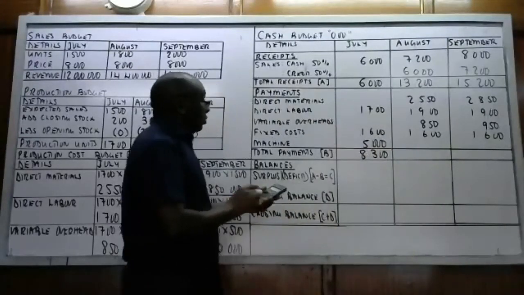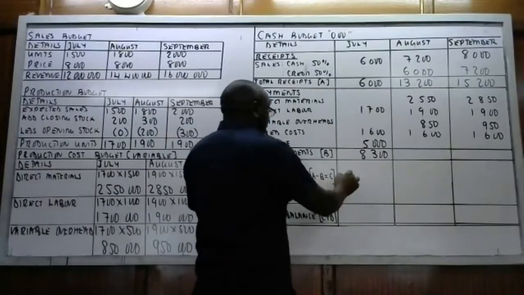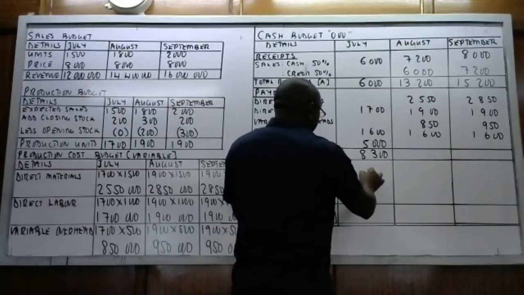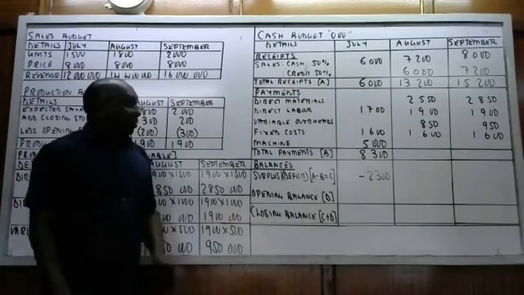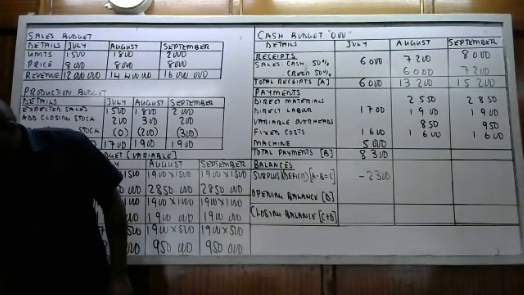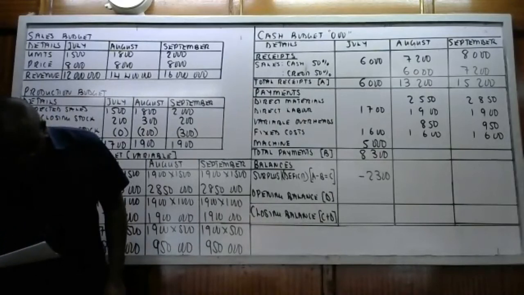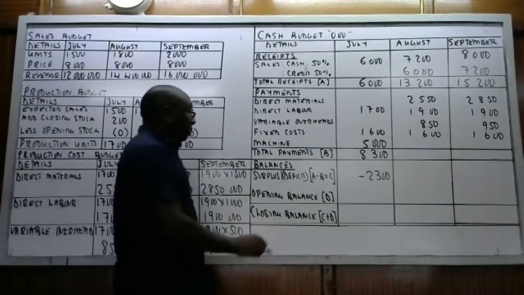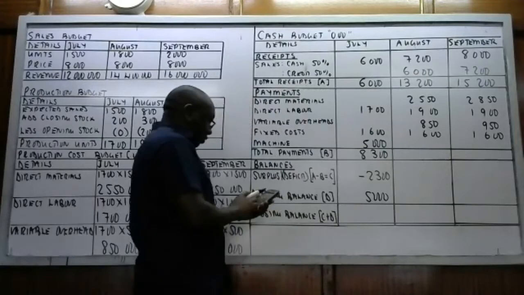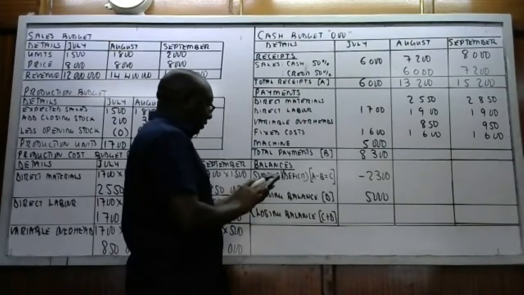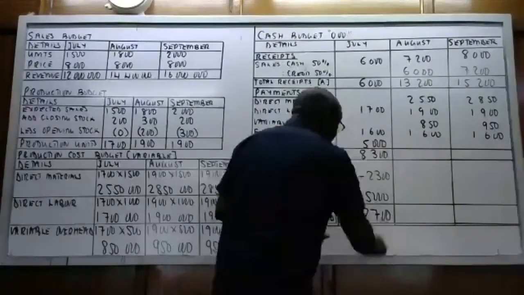If you subtract from 6,000 minus the answer, you will record a deficit of 2,300. Na pia tumeambiwa opening balance is 5,000. So hiyo unaileta hapa. So when you add 5,000, you close with 2,700.